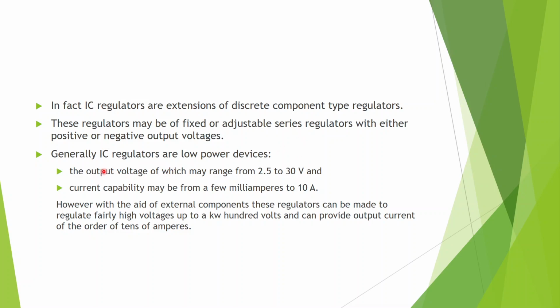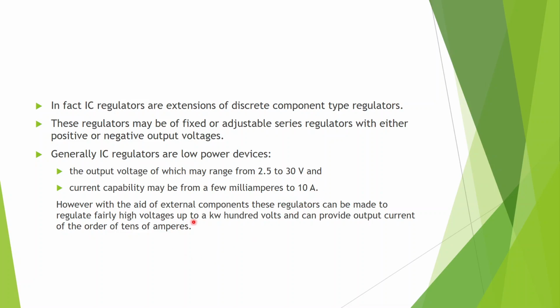Now generally the IC voltage regulators are low power devices. So power is current into voltage. So the output voltage could range from 2.5 to 30 volts, and the current capabilities could be from a few milliamperes to 10 amperes.